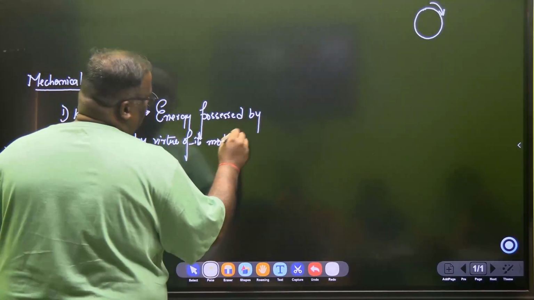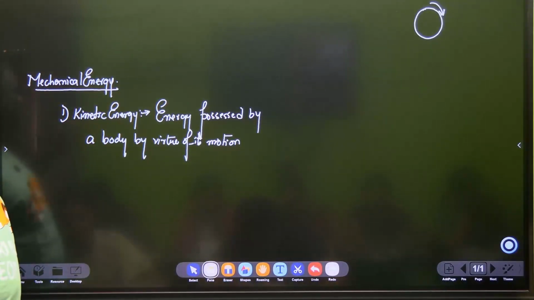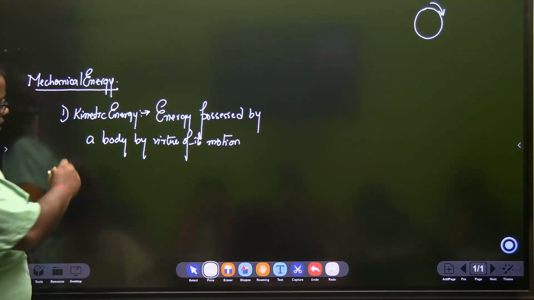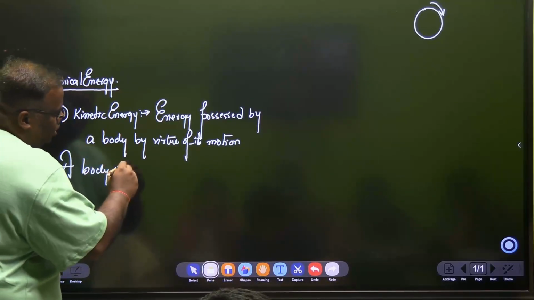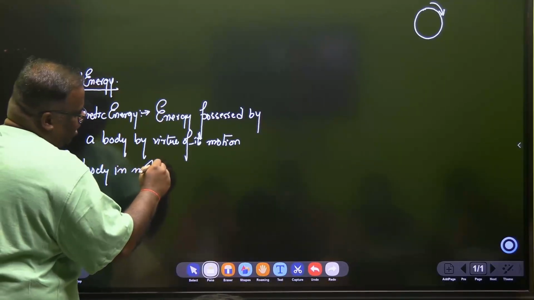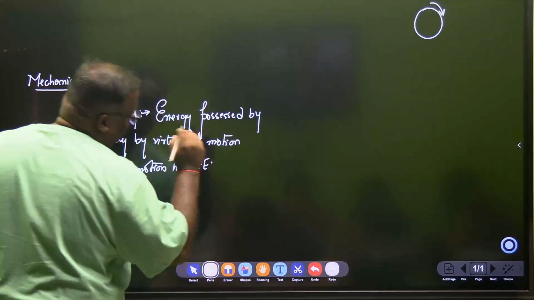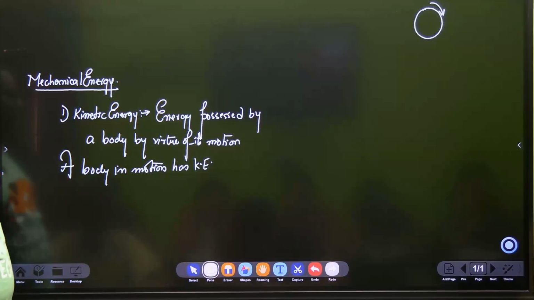So you can also write, if a body is in motion, it is guaranteed that that body contains kinetic energy. It can contain other energies also, but it will contain kinetic energy. A body in motion has got kinetic energy.